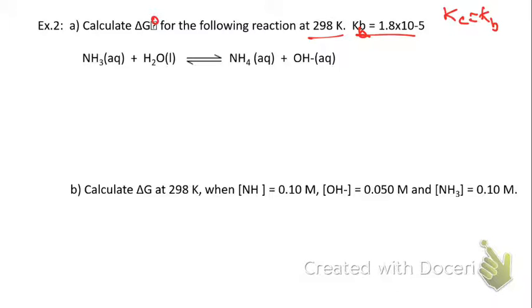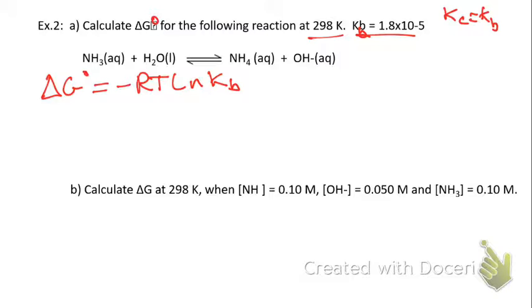So here we have our reaction, and what we're going to do is use our equation, delta G naught is equal to negative RT ln Kb in this case, okay?